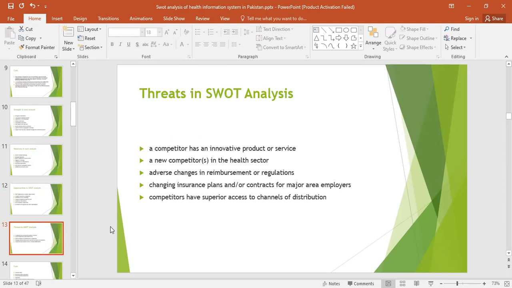Now, what are the threats in SWOT analysis of any organization, any health management system, or any healthcare setup?